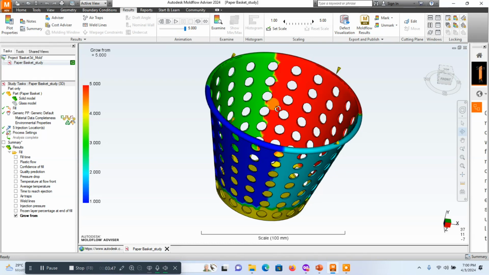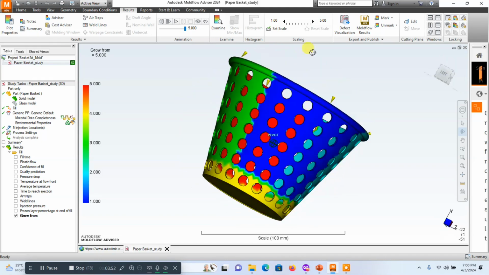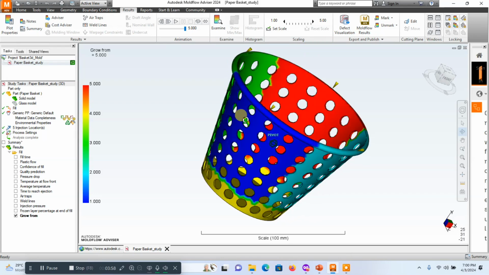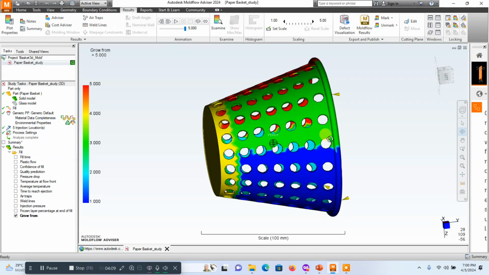Now, the resolutions to these are one, you could try and change the injection locations to achieve a fully balanced fill pattern. You can also redesign the geometry of the model in the problematic area. Then you can alter gate positions, change the part thickness, increase melt and mold temperature, increase ram speed.